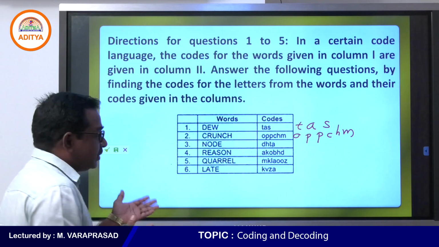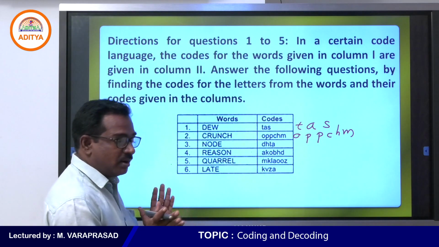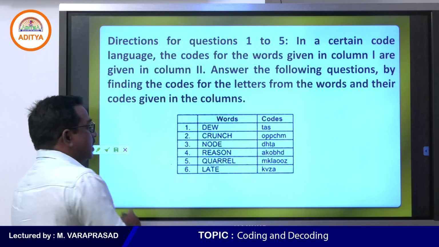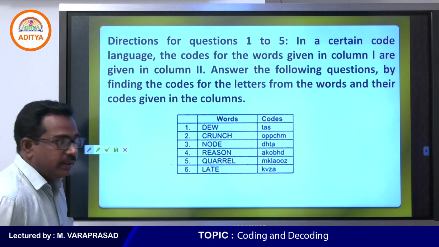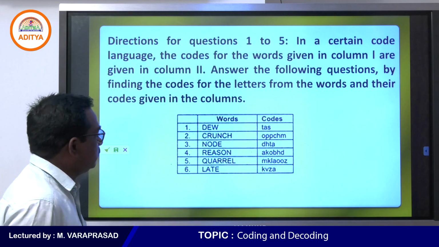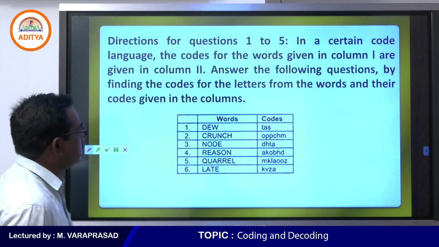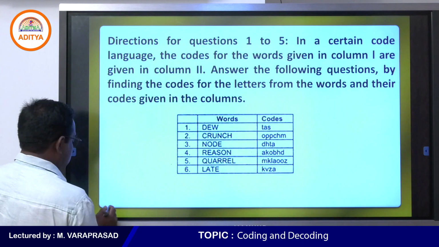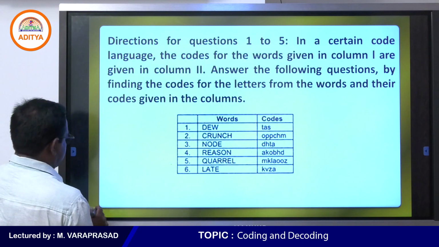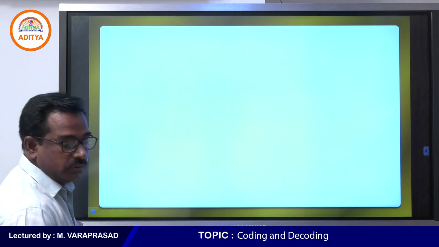This question is somewhat different from the one before; both are not the same. Jew is given TAS and crunch is given OPPCHM. We can discuss now. See what is given there.